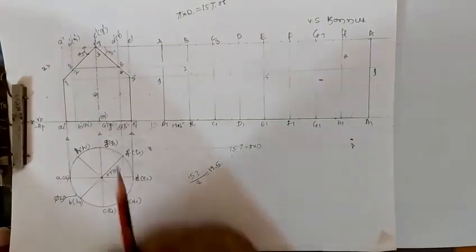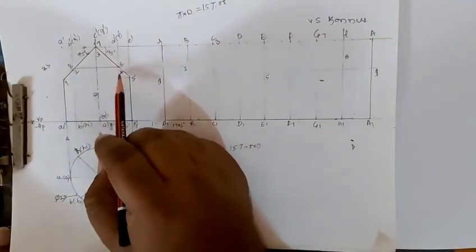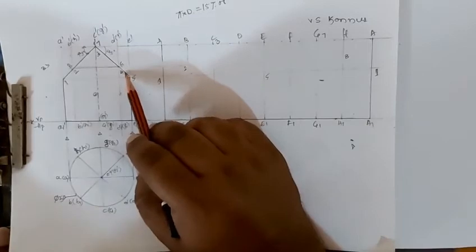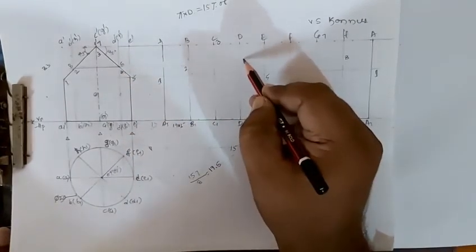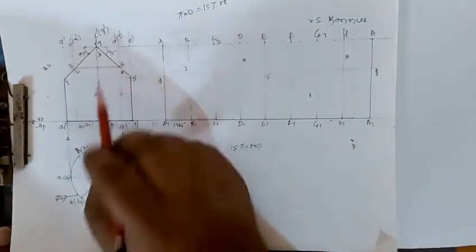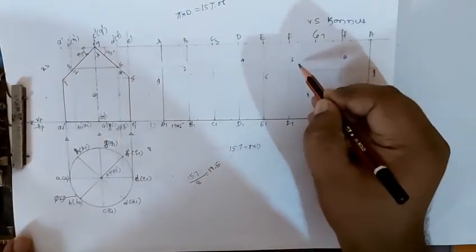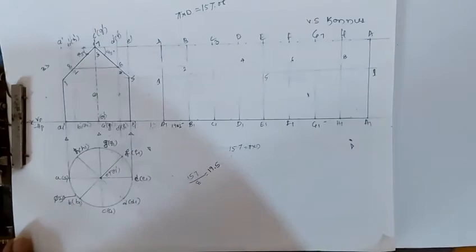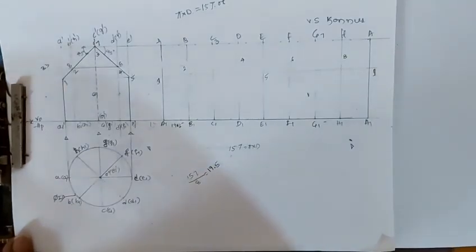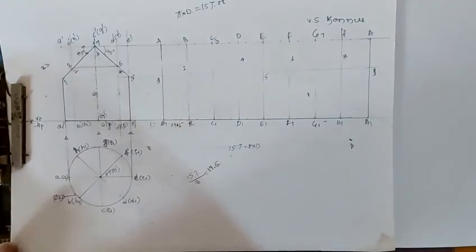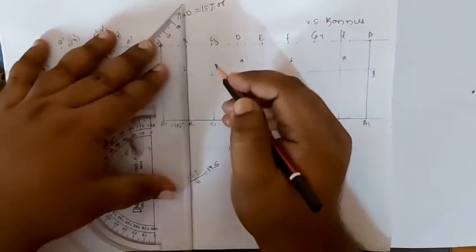And then two more points, 6 and 4. The fourth point is on D, and the sixth point is on F. So at the intersections you get 1 2 3 4 5 6 7 8 1. Now we got all the points by drawing only two lines.